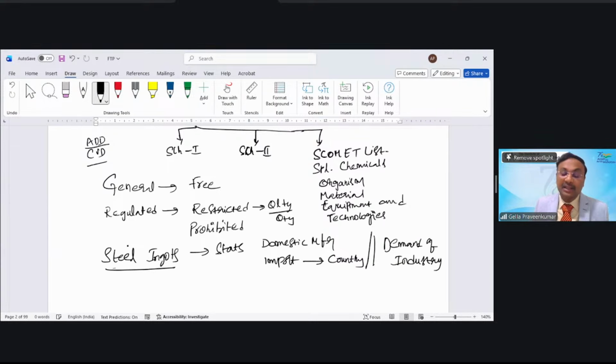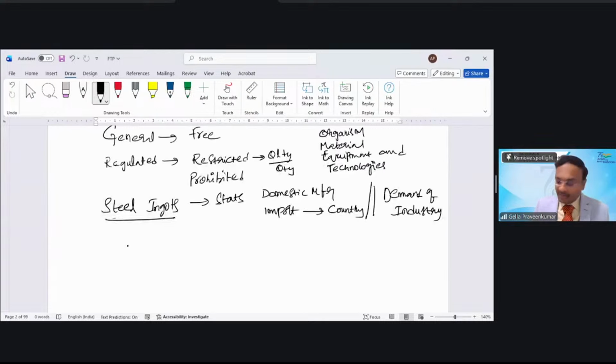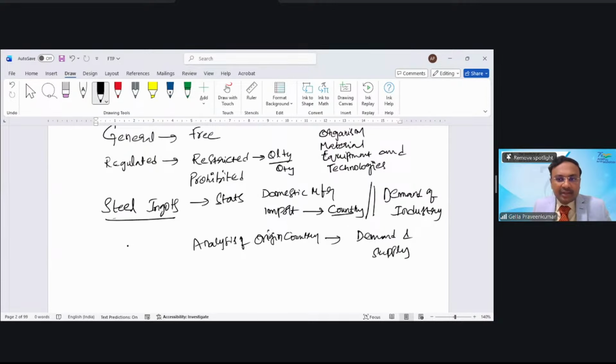This is one side. On the other side, whenever I talk about import from a country, I need an analysis of the origin country, that is, their demand and supply. Is there a domestic demand that they are able to cater to?